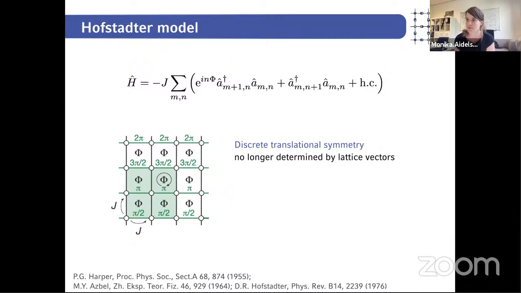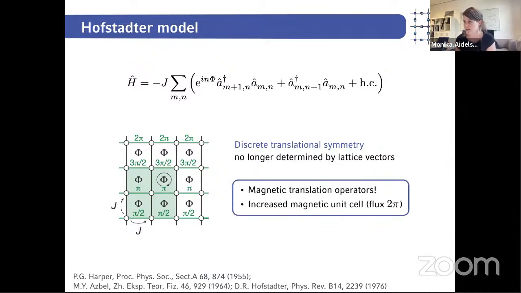And we've discussed how to solve this problem, like how to define a proper magnetic unit cell and get the single particle energy spectrum. And the takeaway message would be that the new magnetic unit cell is larger than the original one because of the magnetic translation operators, and it contains an integer multiple of 2 pi of magnetic flux.